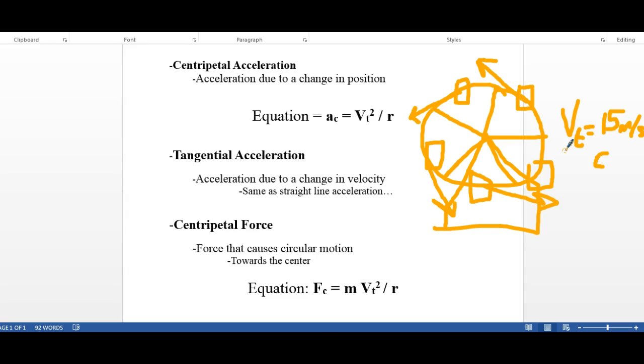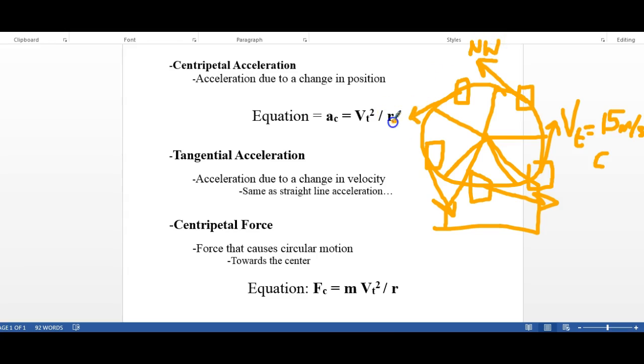If we want to calculate it, all we need to know is this equation right here, a of c equals vt squared divided by r. Now, this one isn't as useful actually, because this acceleration is due to a change in direction. So this is going northwest, right?